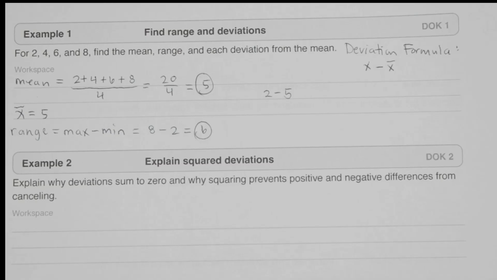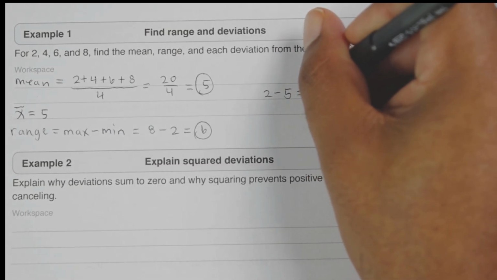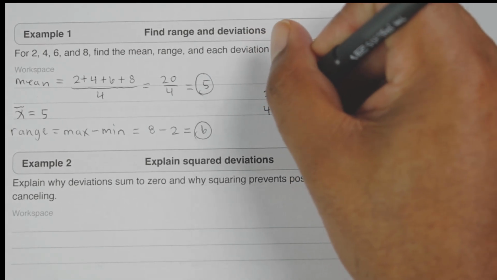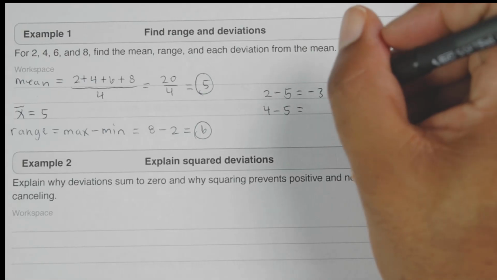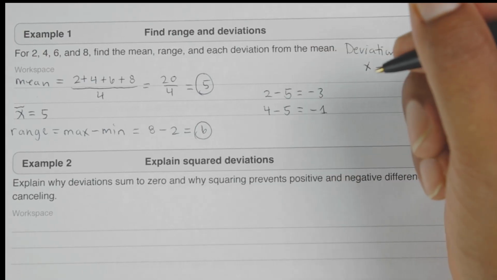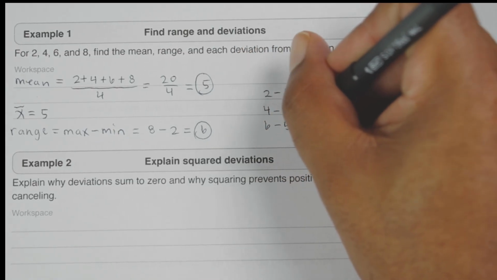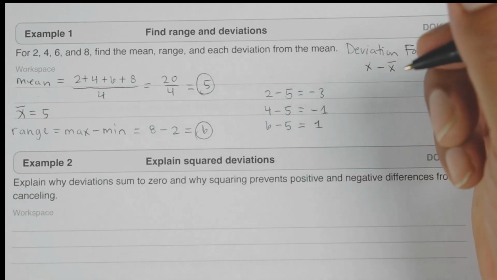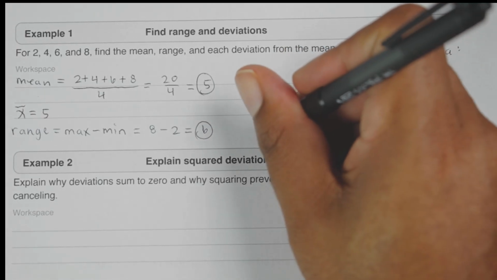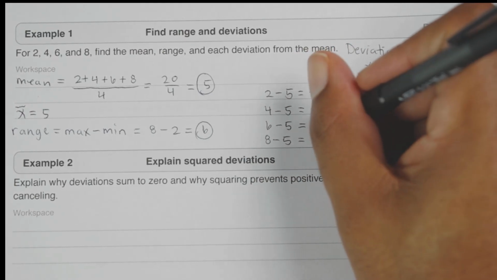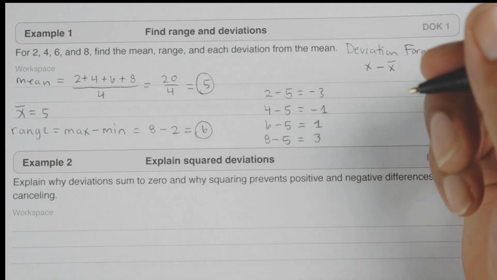So for 2, it'd be 2 minus 5, which equals -3. Then 4 minus 5 is -1. Then 6 minus 5 is 1, and 8 minus 5 is 3.